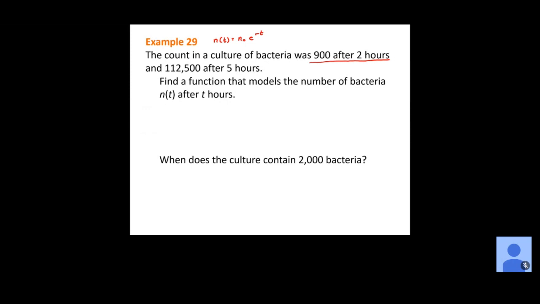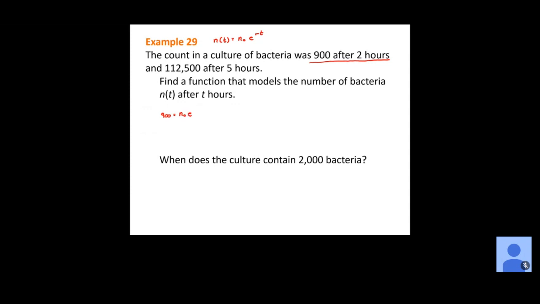So what information do we know? Good, right? So we know 900 is N of t, so that's our population after 2 hours. We don't know the initial population, so that's still going to be N sub 0.